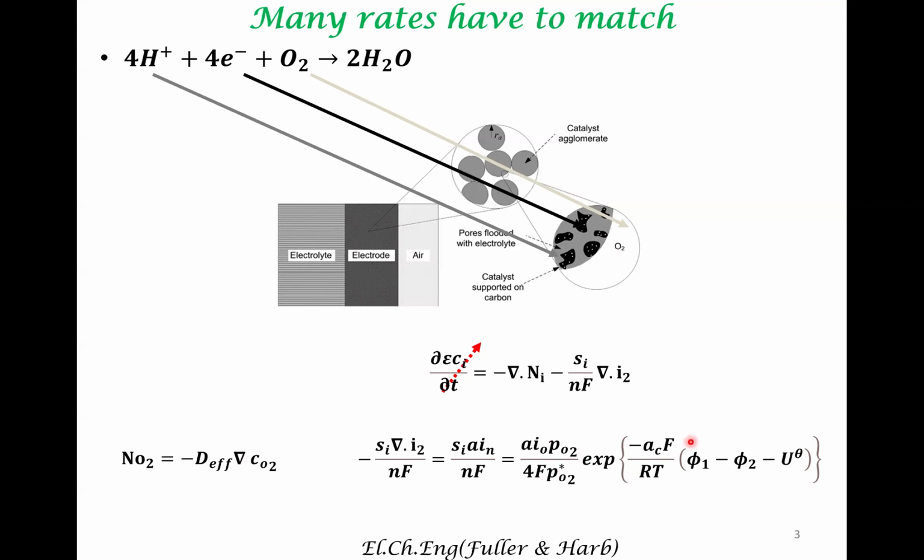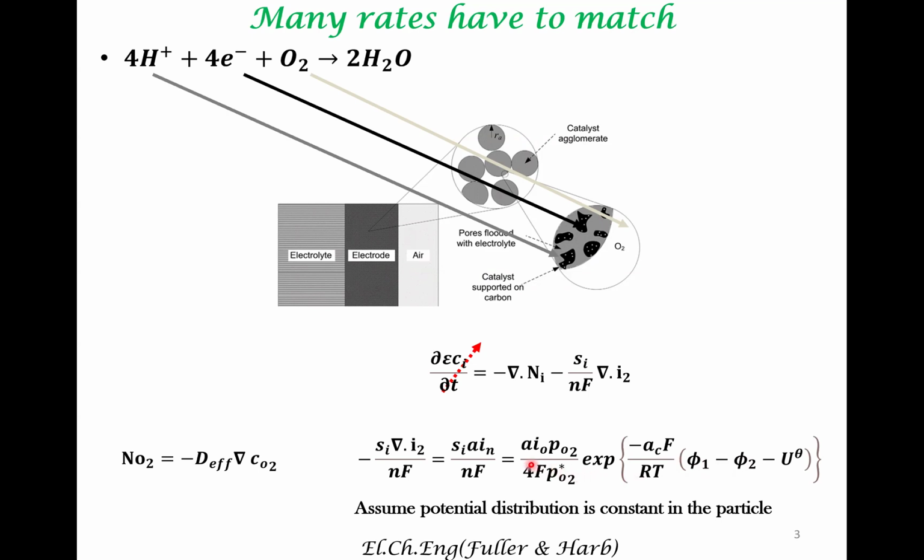So what we assume here is the potential distribution is constant inside a particle. There can be a distribution in potential across this porous electrode, but this particle length scale is such that within a particle, the potential distribution is constant.